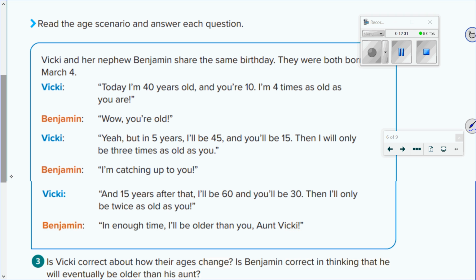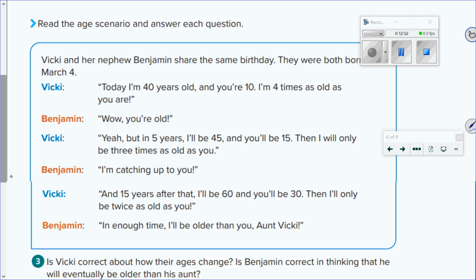Makes sense, right? So Benjamin's like, "Wow, I'm catching up to you. I went from 4 times to 3 times, right?" Now Vicki goes, "And after 15 years, I'll be 60 and you'll be 30. Then I'll only be twice as old as you." So Benjamin's like, "Wow, in enough time, I'm going to be older than you, Aunt Vicki."